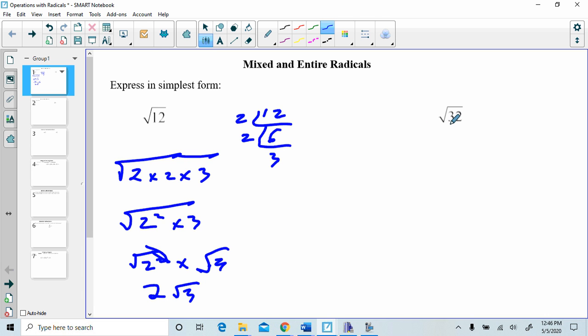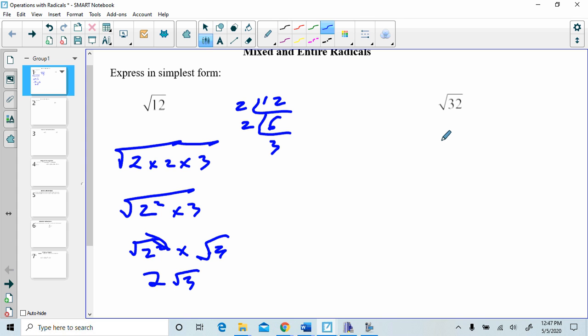Moving to root 32. For this one, let's do a different method. Here we broke our factors of 12 down into the prime factors. Over here, we're going to organize it into perfect squares. So to do that, we need to know the factors of 32.